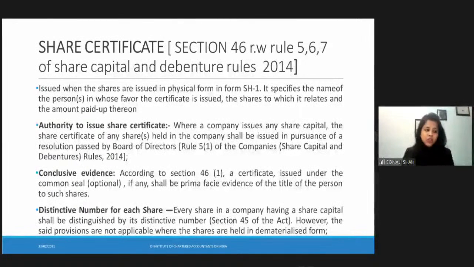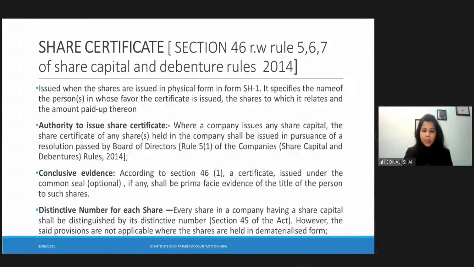When the shares are in demat form, the details maintained by the depository are more than enough. We know there is a requirement for the depository to maintain the details of ownership of the shares, so those details are sufficient. But where the shares are issued in physical form, the share certificate has to be issued.